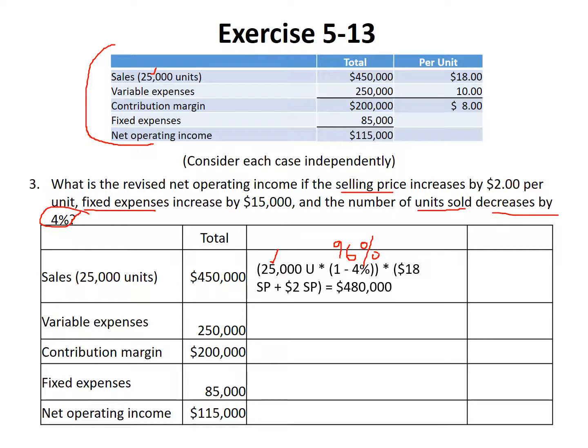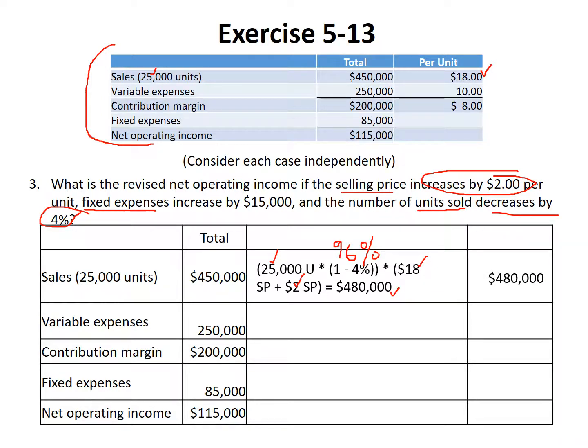So 25,000 units times 96%, which by the way would be 24,000 units, times our $18 selling price plus the $2 increase. We're told that our selling price increases by $2 a unit. That's going to total $480,000. So I'm going to post that to that board right there.